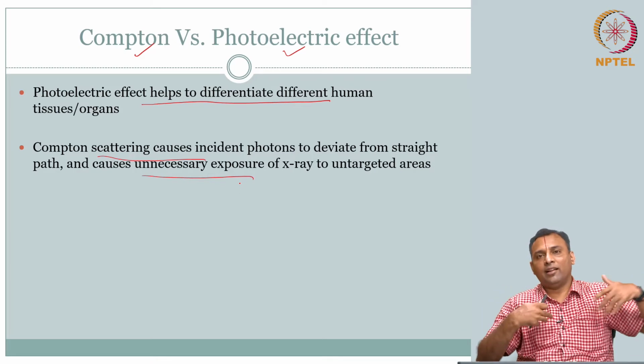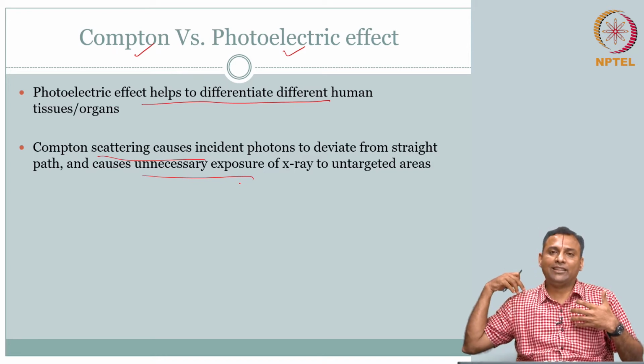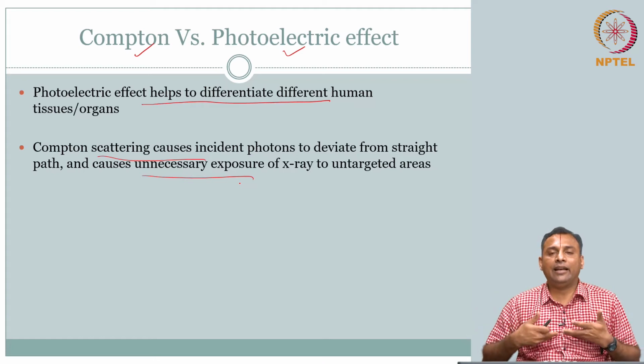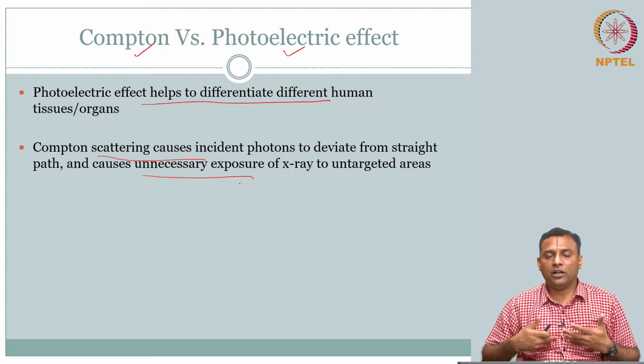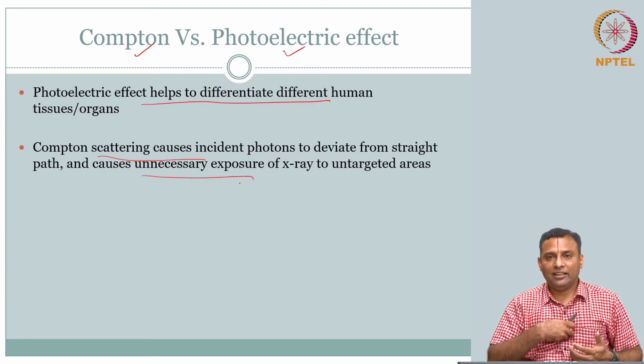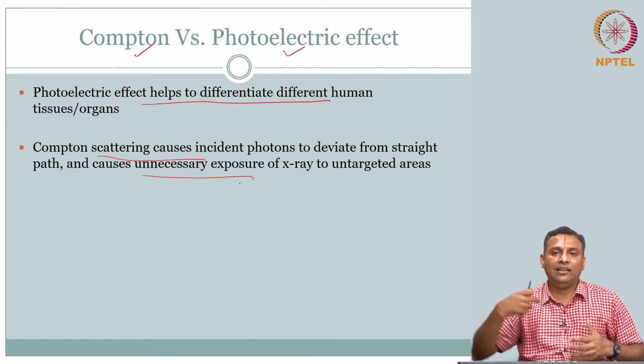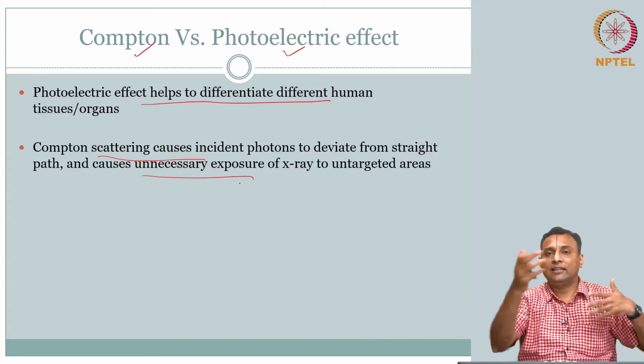Although all the interaction, absorption, ionization took place, I am not able to even catch the signal. If I do not catch the signal, I cannot get anything about the tissue or the material. So essentially you would have irradiated the tissue with X-ray energy, but that interaction signal is not coming out, it is scattered everywhere.